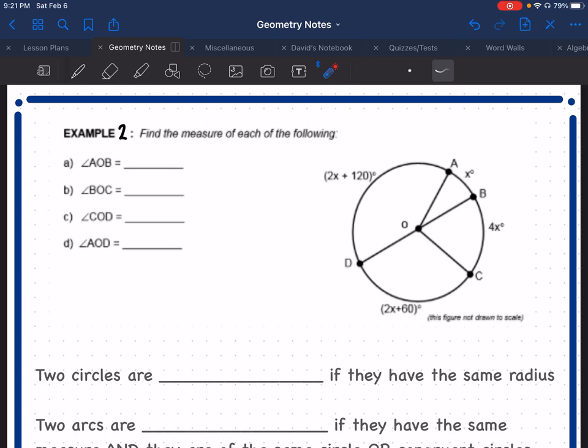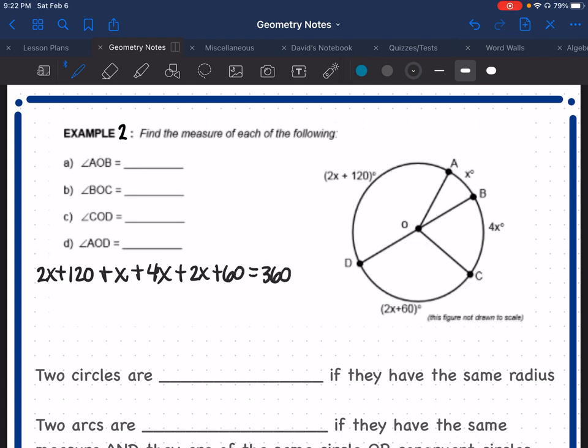Well, I remember that a circle adds up to 360 degrees. So I think I can make an equation of 2x plus 120 plus x plus 4x plus 2x plus 60, and that should give me my 360 degrees.